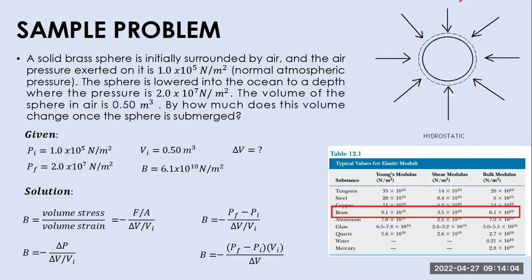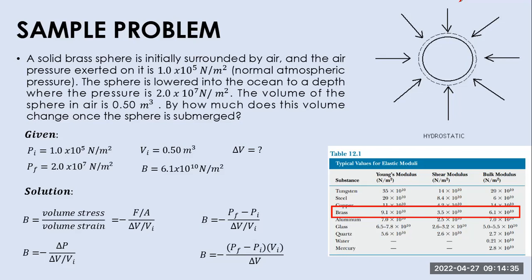So again, let us write down our givens. We have P sub i, or initial pressure, which is 1.0 times 10 to the power of 5 Newton per meter squared. And then our final pressure is 2.0 times 10 to the power of 7 Newton per meter squared. And we have an initial volume which is given as 0.50 meter cube.